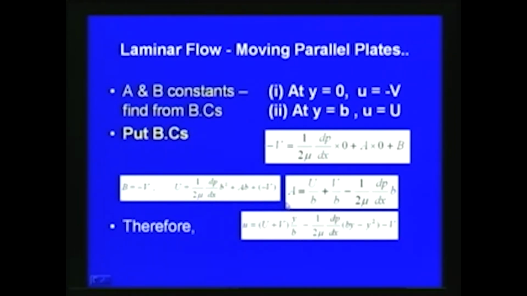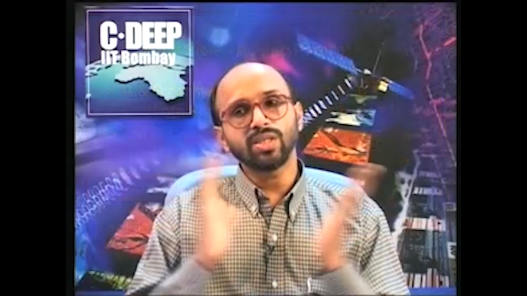And as we have discussed earlier, once we get the expression for velocity, we can find out the flow between the plates by integrating between 0 to b, and also we can find out the shear stress by taking a derivative of the velocity and then using Newton's law.